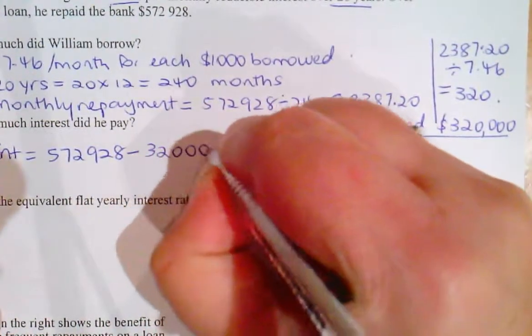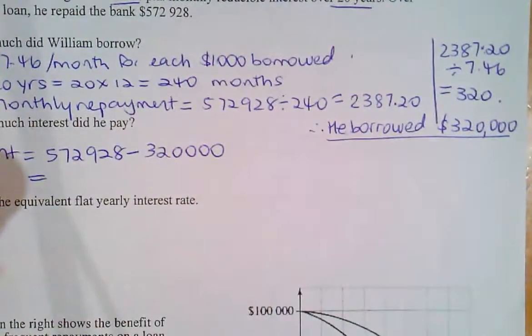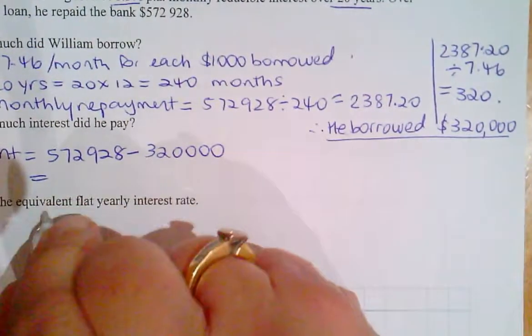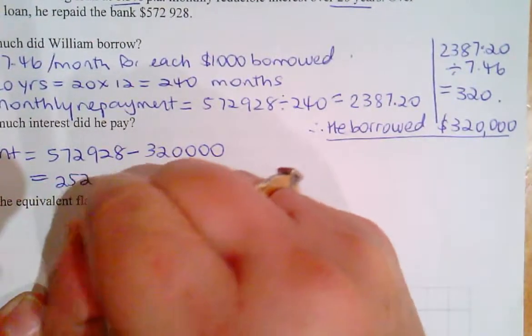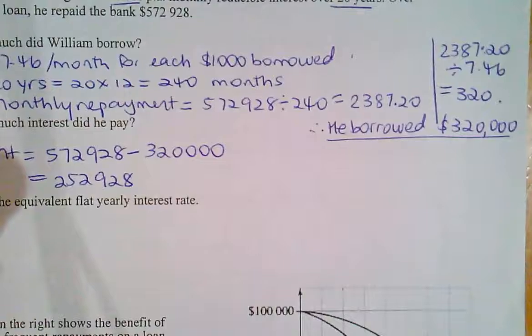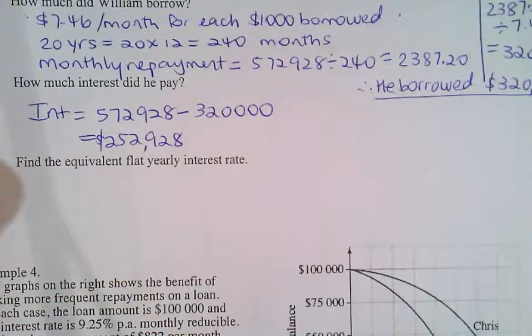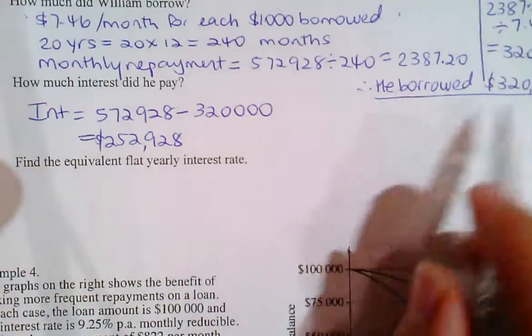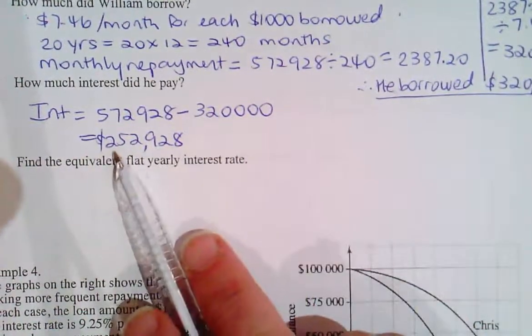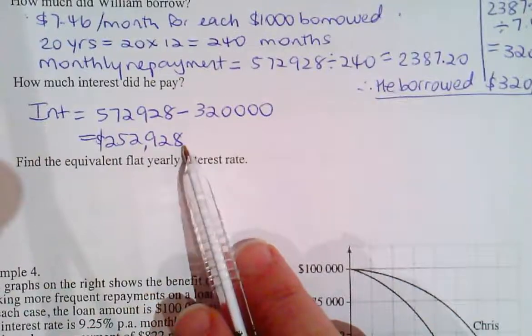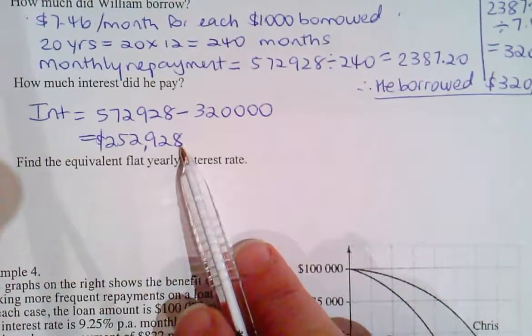So take away $320,000. So that will be $252,928. And now for the equivalent flat yearly interest rate. He's paid $252,928 over 20 years.